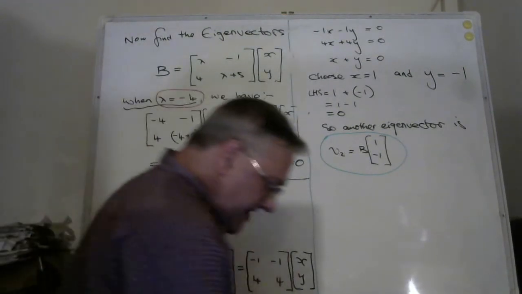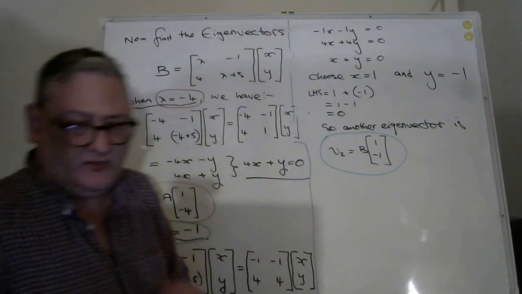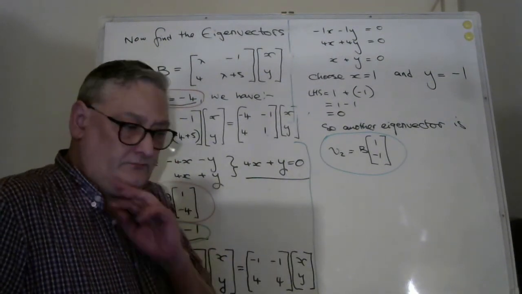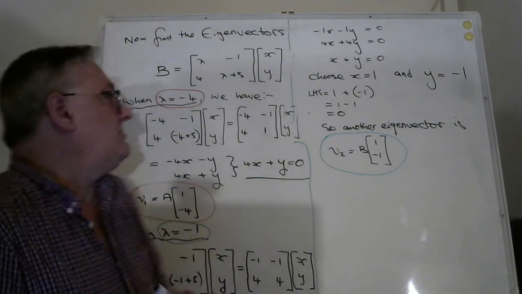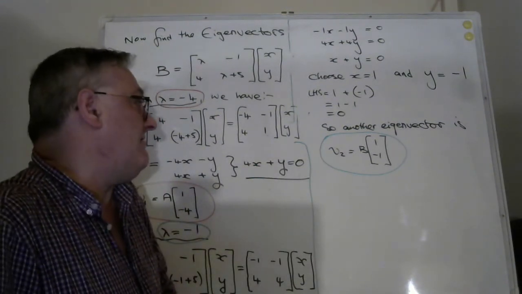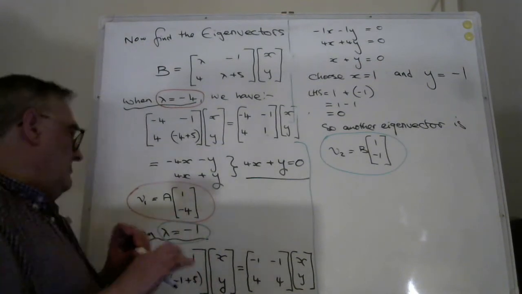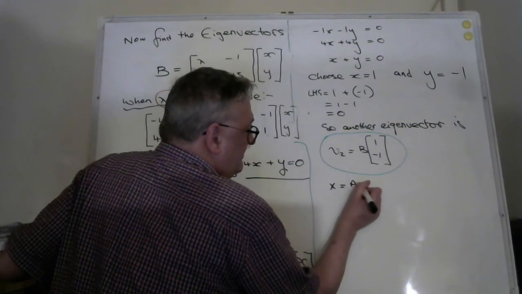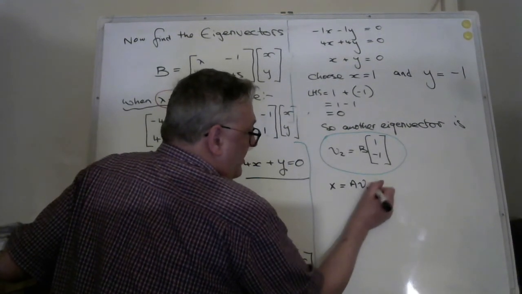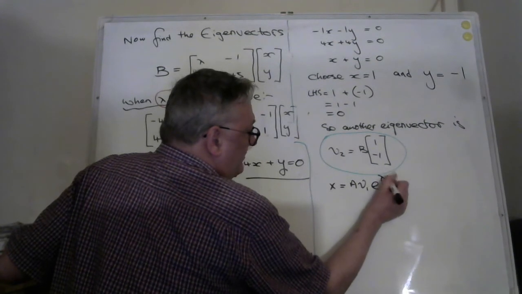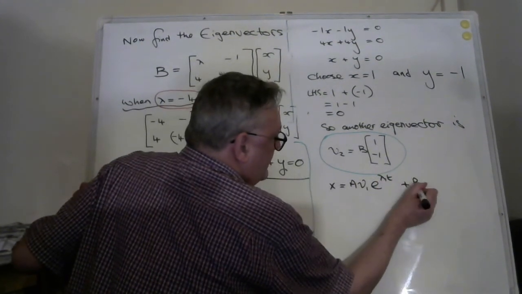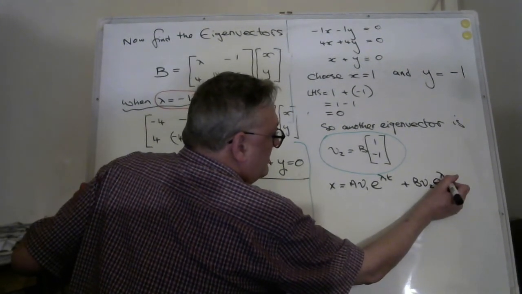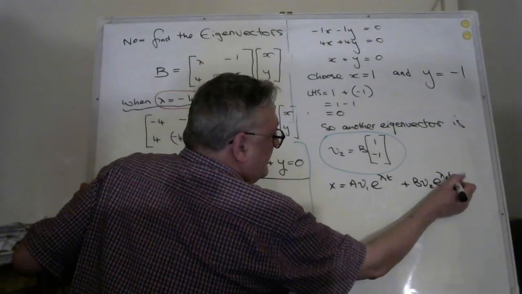Now, take it from me, it's in all the books, and you can verify this for yourselves if you do some research on these areas. But two solutions are x equal to a times v1 e to the lambda 1 t plus b v2 e to the lambda 2 t.